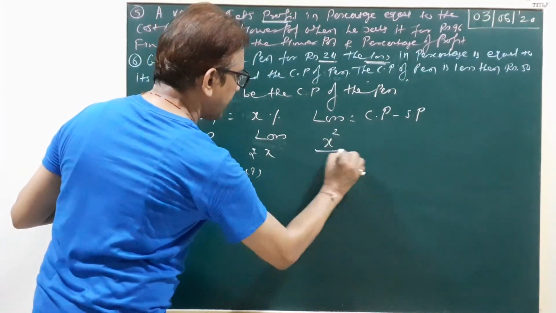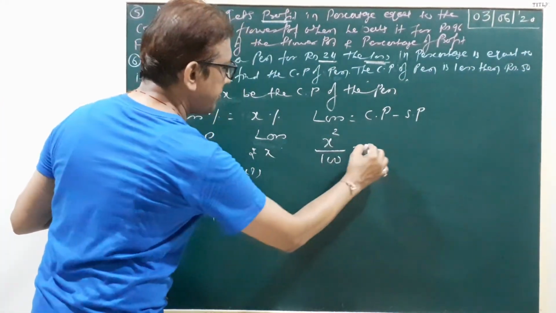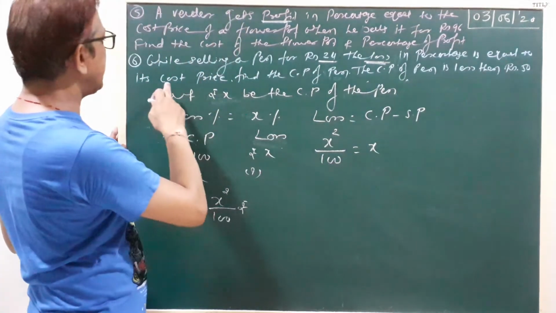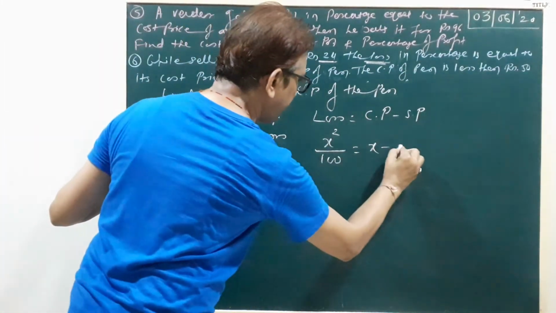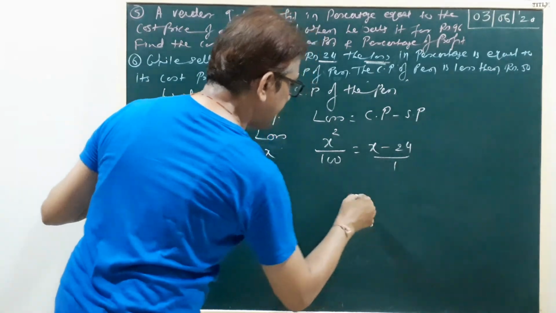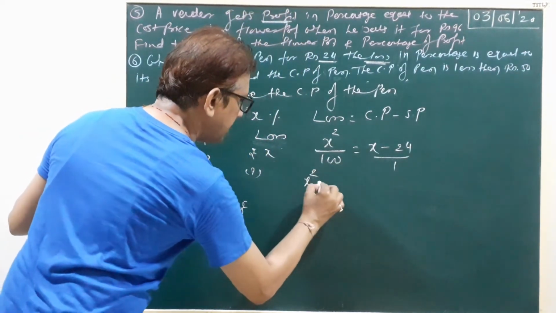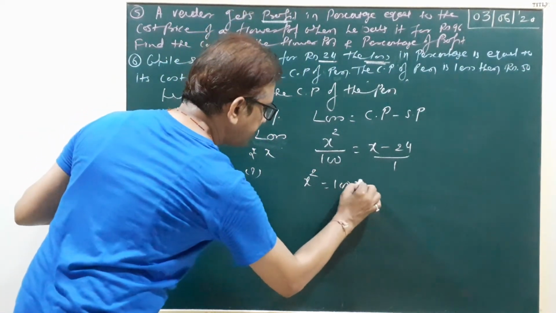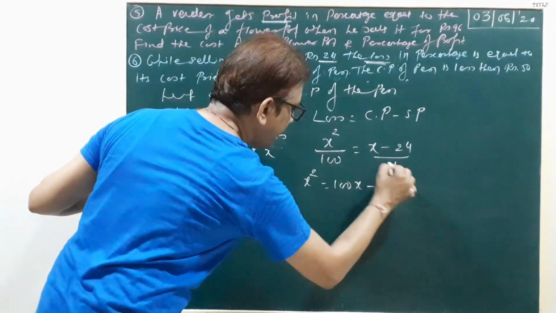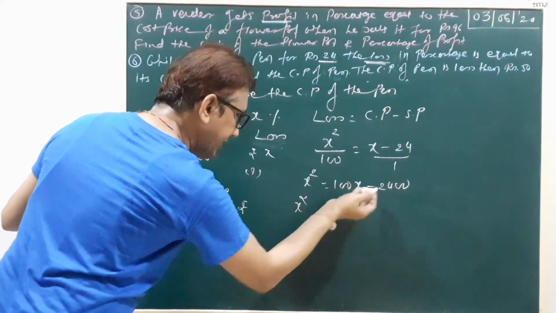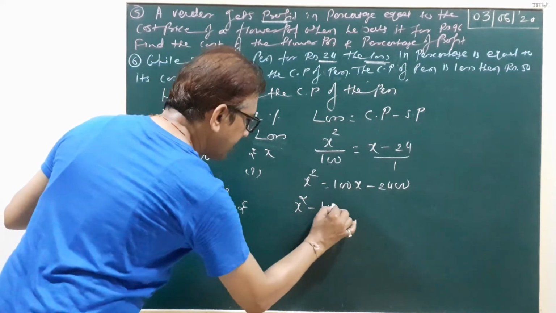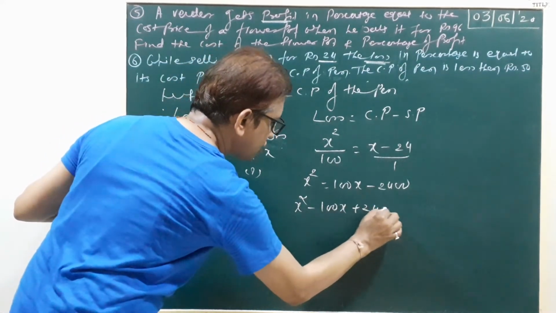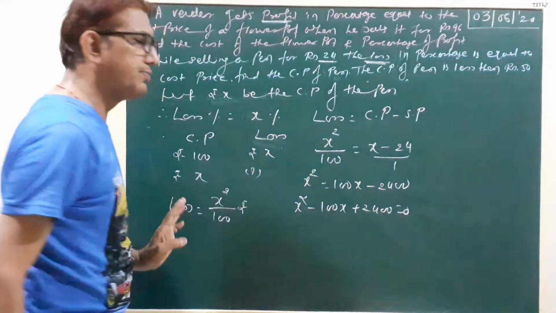X square upon 100, CP equal to X and selling price 24. Right? Whole denominator 1. Cross multiplication. X square equal to 100x minus 2400. So x square, with both terms on the left side, minus 100x plus 2400 equal to 0.